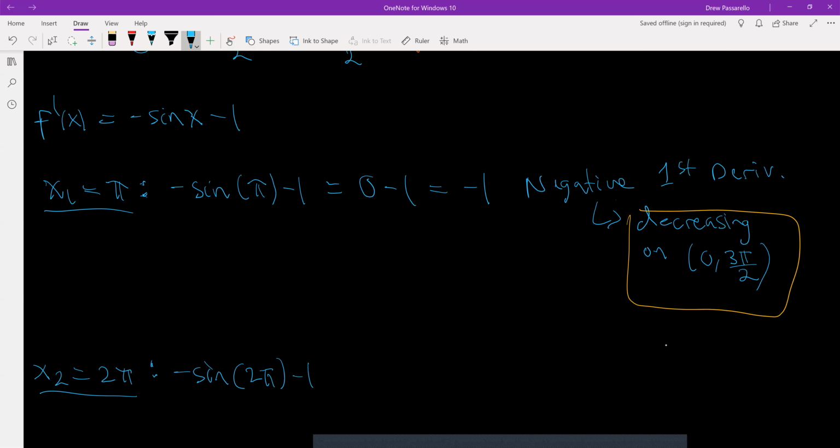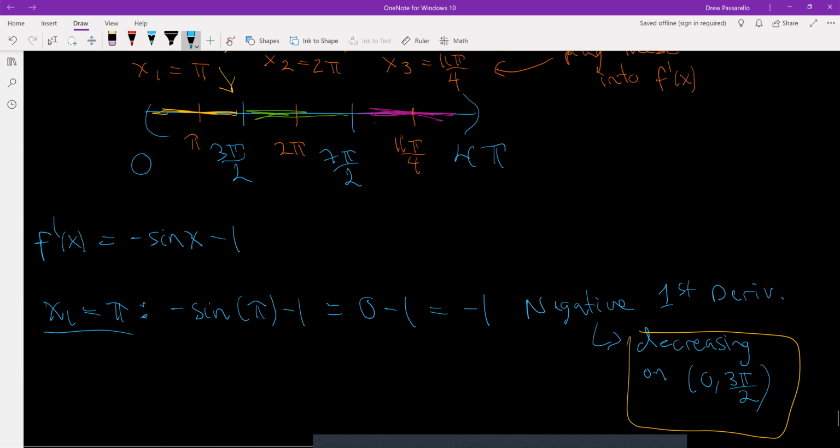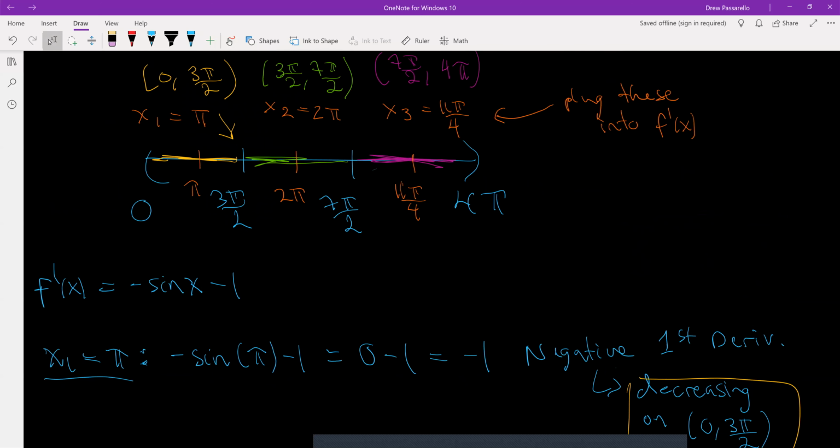All right, so 2 pi, sine of 2 pi is also 0, so you're going to get the same case, 0 minus 1, which is negative 1. Again, negative first derivative, so that means it's going to be decreasing again, and that's the second interval that goes from 3 pi over 2 to 7 pi over 2.